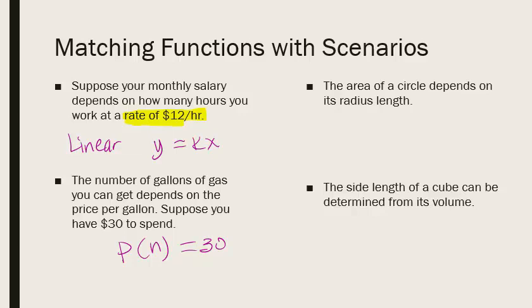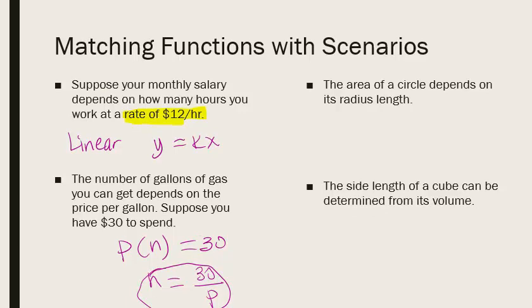The number of gallons of gas depends on the price per gallon, so we're going to solve for N. N is going to be a function of P. I would solve for N by dividing both sides by P, and I get N equals 30 over P. For instance, if the price per gallon is $3, I could afford to buy 10 gallons of gas. Now it's clear that this is a form of the reciprocal function, so that's the one that we're going to write down.